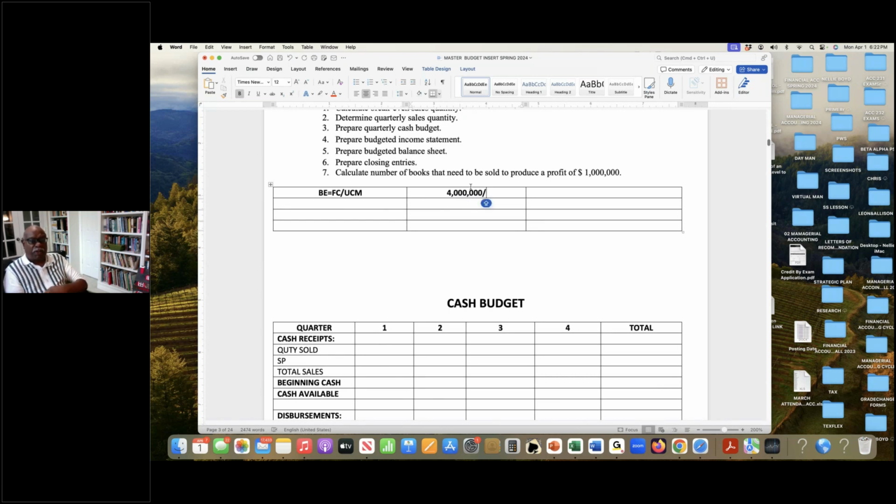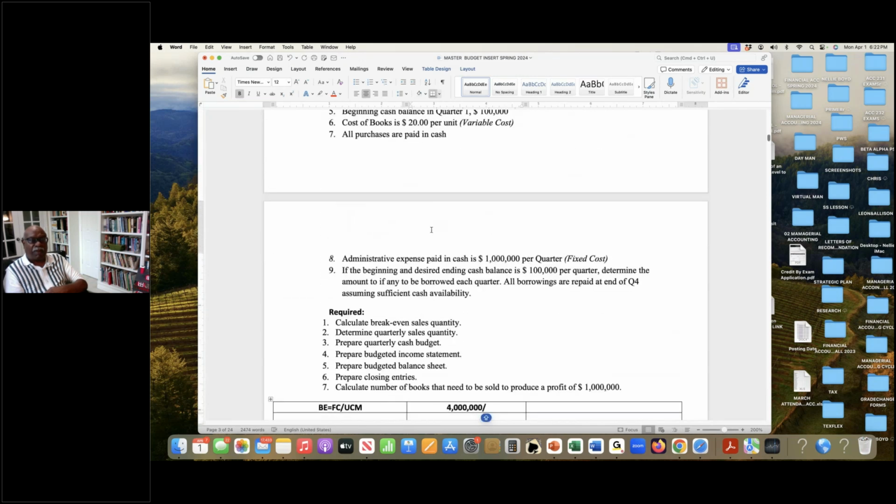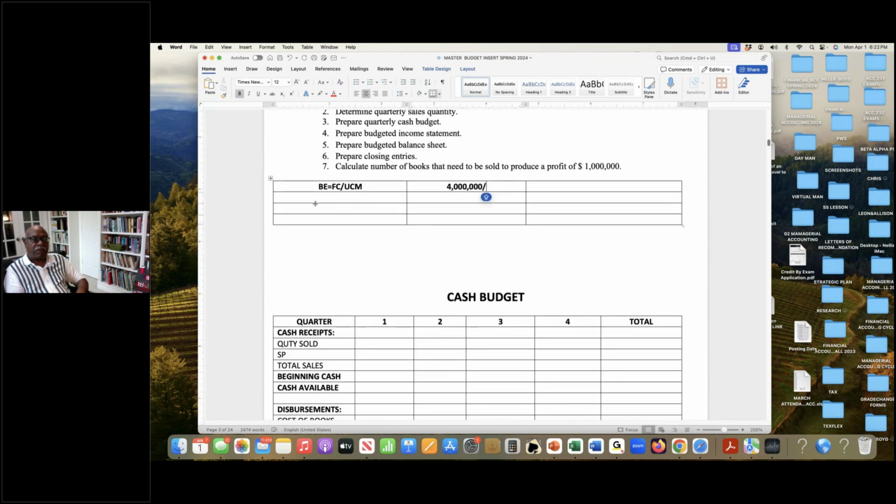And the unit contribution margin we said that was going to be what? The cost was how much per book? $20 per book. Get the UCM.